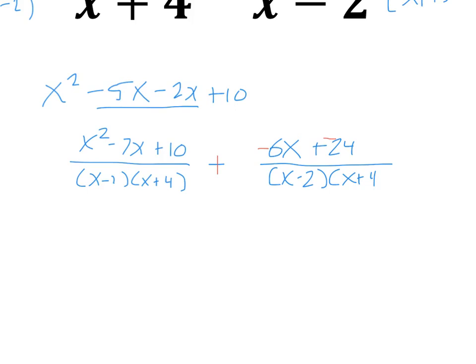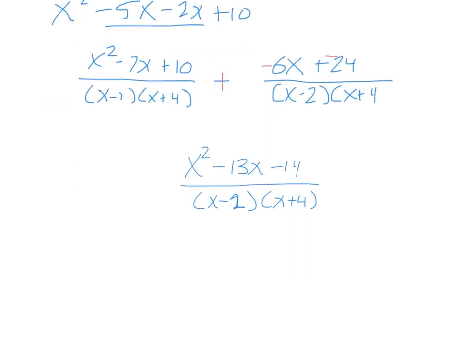x squared comes down. There's no other x squared in the numerators. Okay, negative 7x minus 6x is minus 13x. 10 minus 24 is minus 14 over x minus 2, x plus 4.